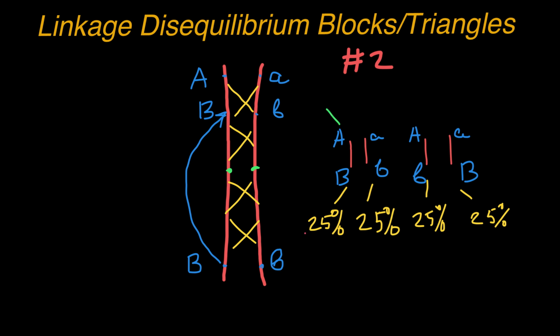Now we're probably going to have 40% of parental variant, which is not the result of crossing over, another 40% is going to be the parental variant small a, small b, and here we are going to have 10% and 10% here. So together they are going to make the same 100%, just like in this case.